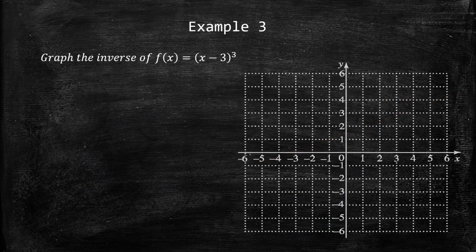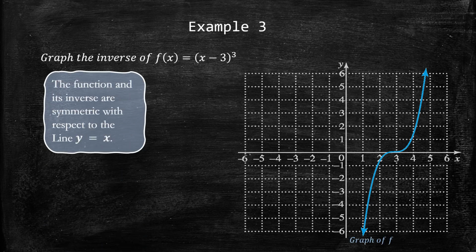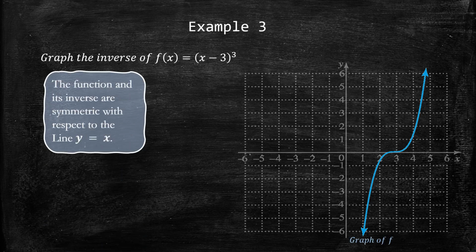In this example, we're going to graph the inverse of the cubic function shifted to the right 3 units. We're going to start by taking points, but keep in mind that the function and the inverse are symmetric with respect to y equals x. The first point is 3, 0. Switch the coordinates, it becomes 0, 3. The second point is 4, 1.